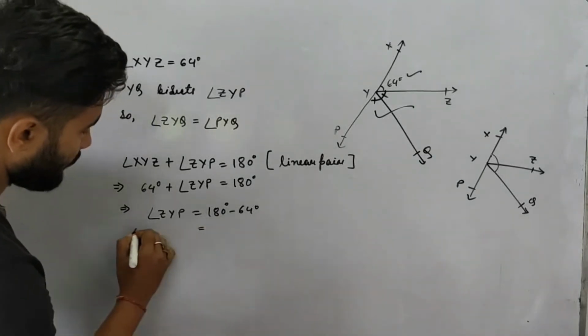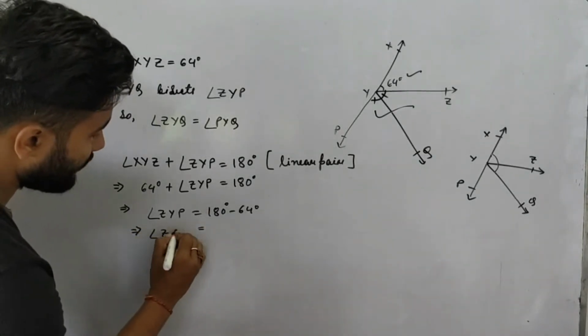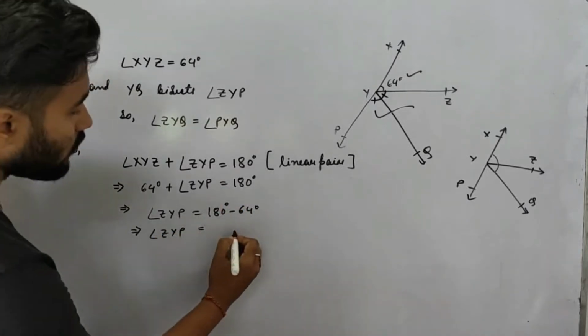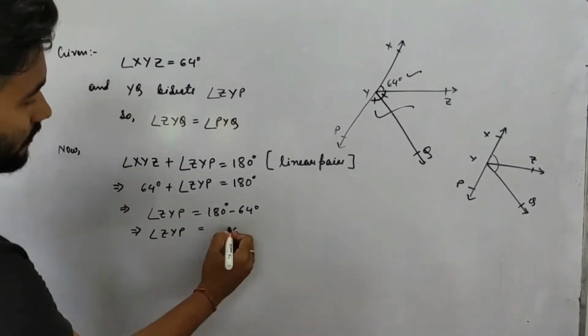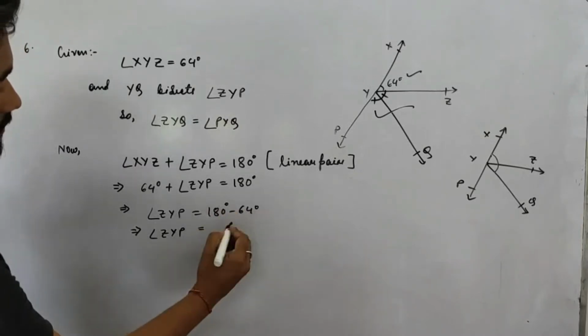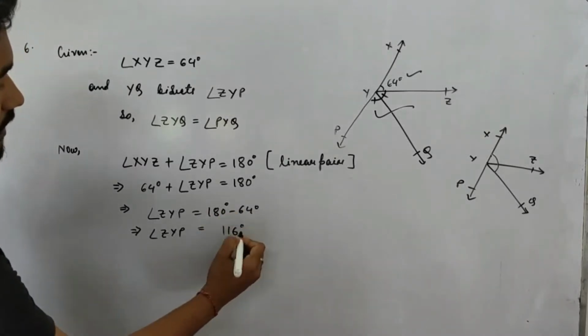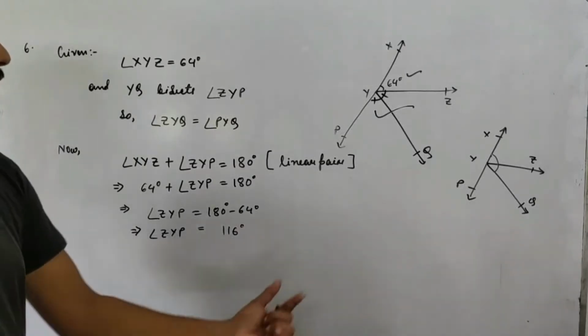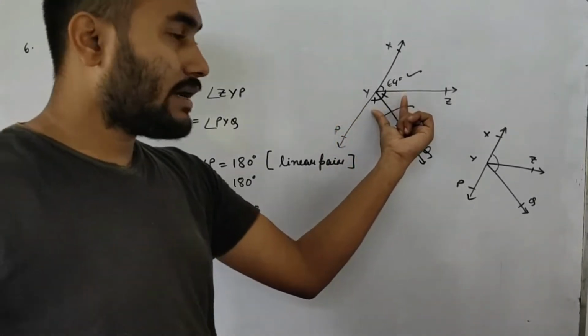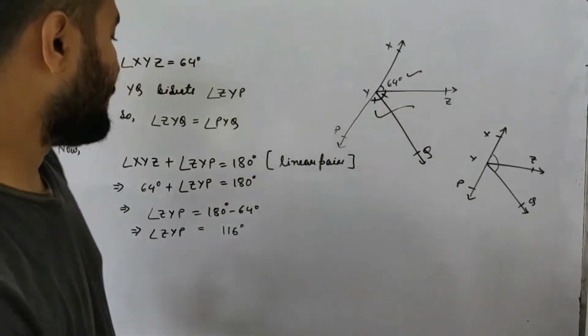Angle ZYP will be equal to 116 degree. So you get the value of this complete part: 116 degree. Okay.